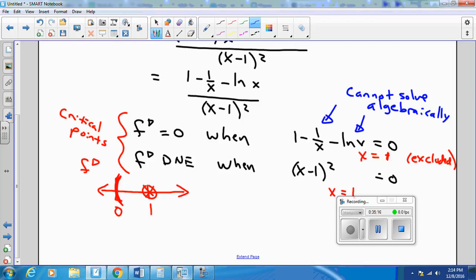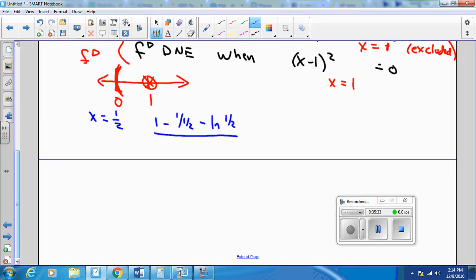If I plug in a value of x that is less than 1, let's say 1/2, then what I get is 1 minus 1 over 1/2, which is 2, minus the ln of 1/2, divided by 1/2 minus 1 squared.